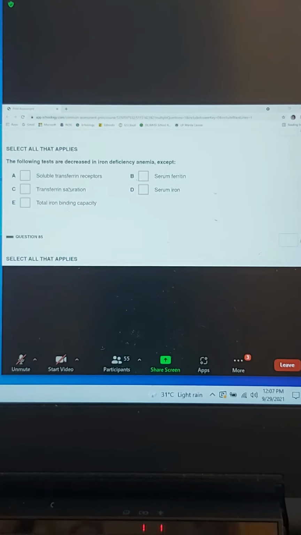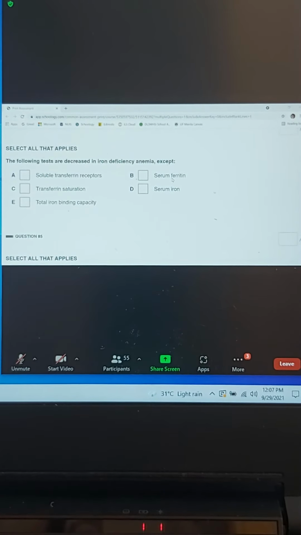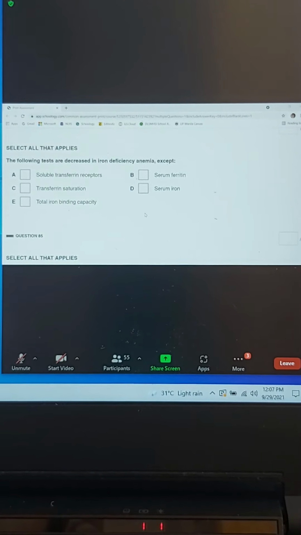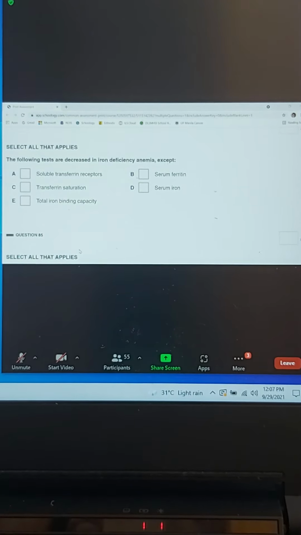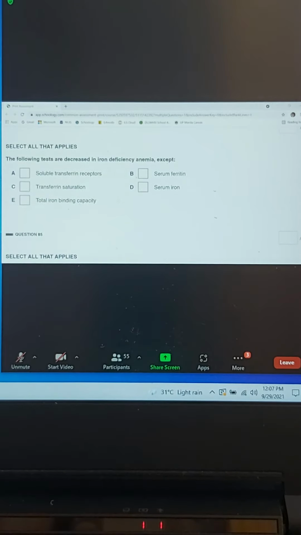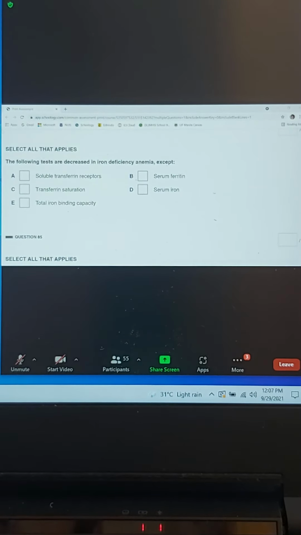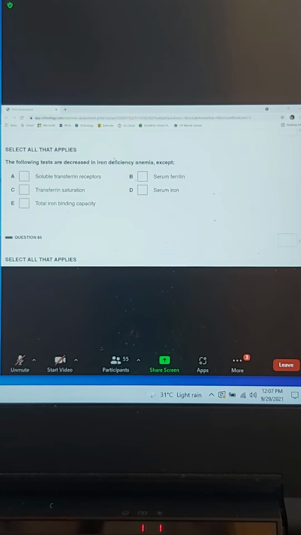84. The following tests are decreased in iron deficiency anemia except. Lahat daw ito nagdi-decrease kapag may IDA maliban sa letter E. So letter A and E. Okay? Positively soluble transferrin receptor.